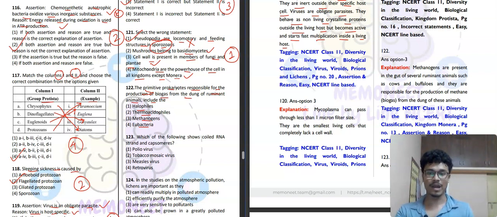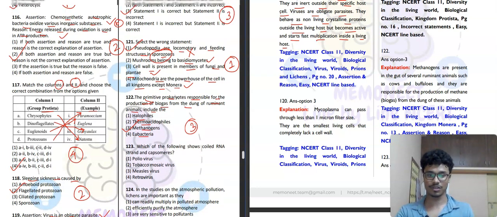It is saying production of biogas from the dung of ruminants. That's something related to methane. That means the bacteria will be methanogens. So the third option will be your correct answer. Thermoacidophiles, thermo means heat or very warm, so it is not correct. And halophiles means salty areas, so it is also not correct. So the third option will be your correct answer for this question.